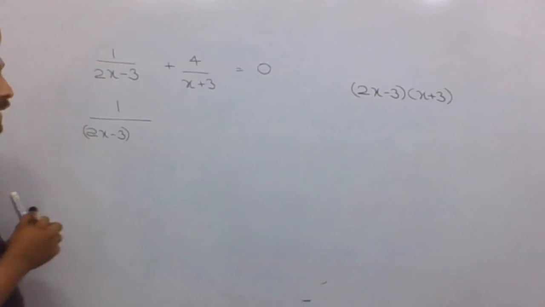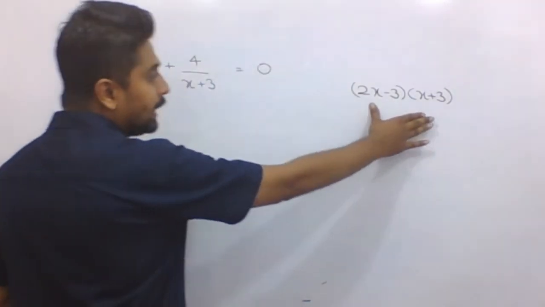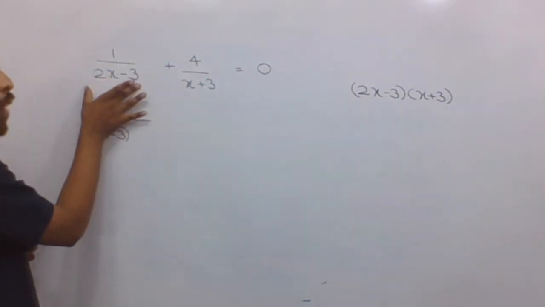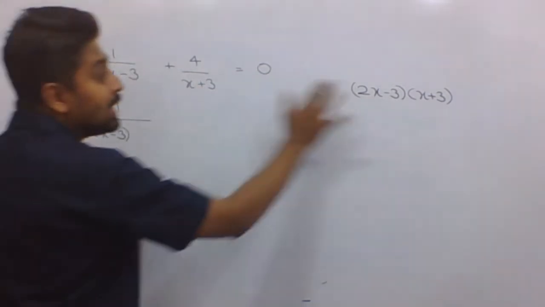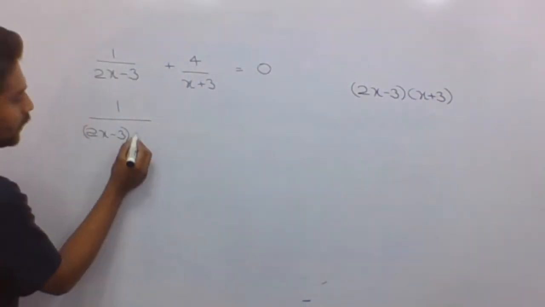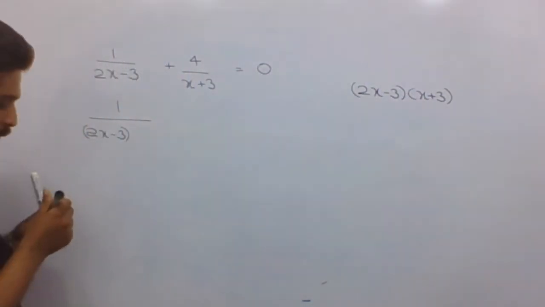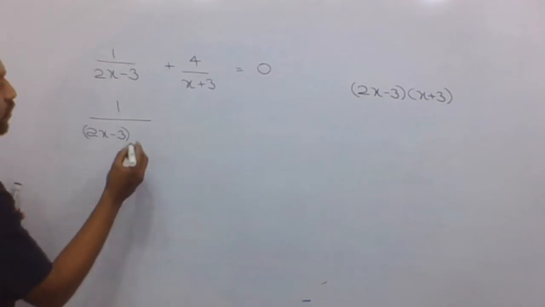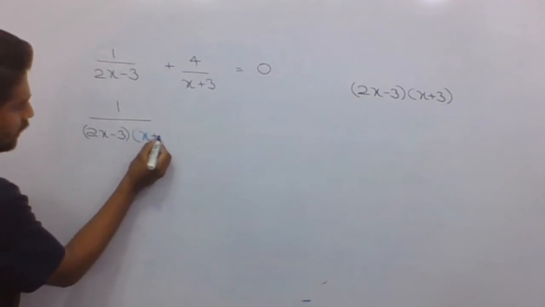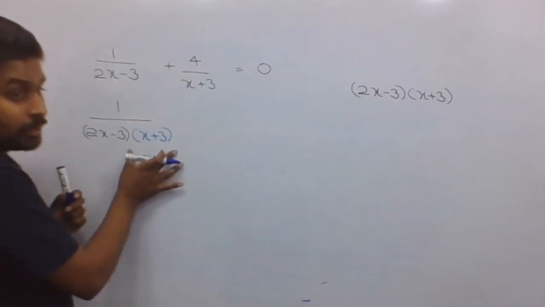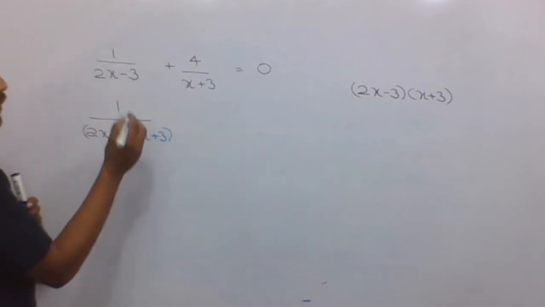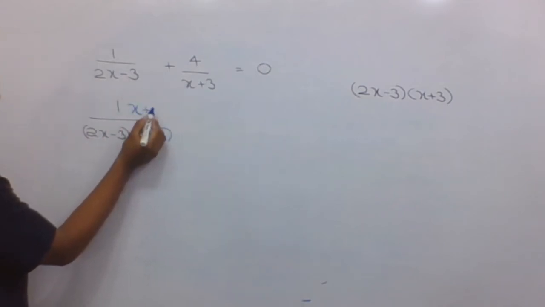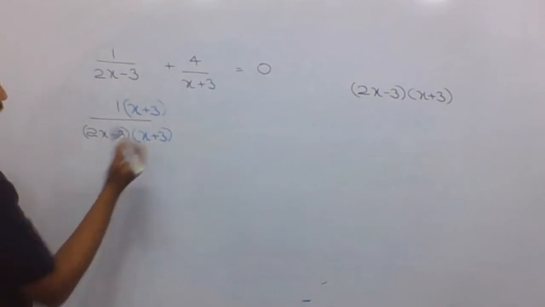Now tell me, to obtain this common denominator, you have to multiply this one by what? You have to multiply it by x plus 3. So here also you have to multiply by x plus 3. If you do it for the denominator, you have to do it for the numerator also: x plus 3.